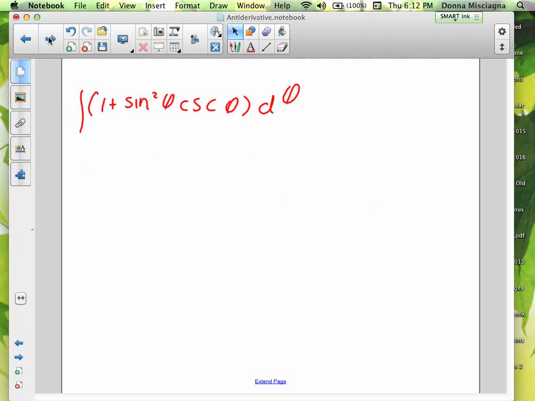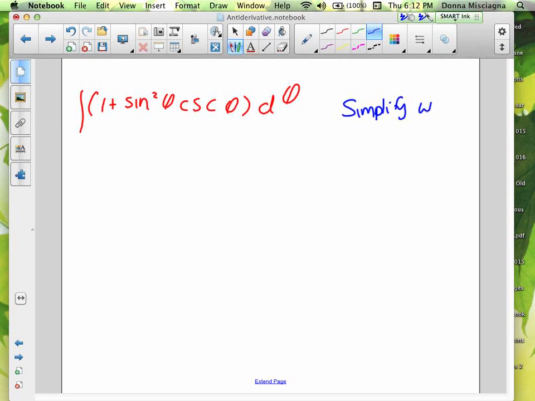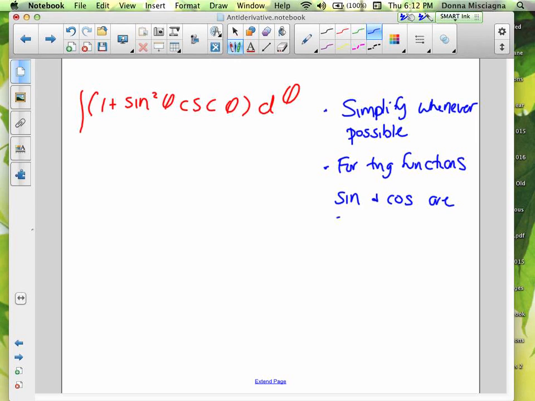All right, so we didn't go over a cosecant x, or a cosecant theta. So always, no matter what, on these integrals, simplify whenever possible. And when we're dealing with trig functions, sine and cosine are often easier to work with.